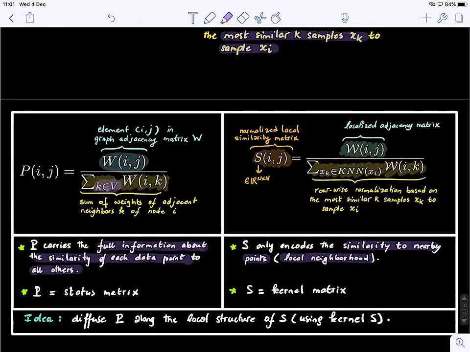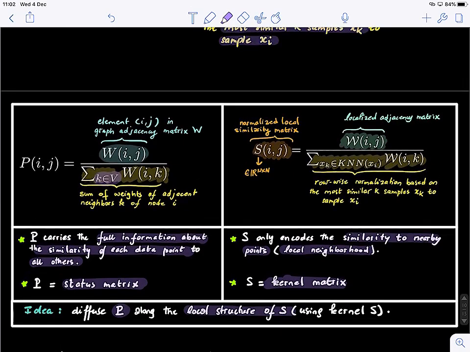P is called the status matrix or the global matrix, and S is called the kernel matrix or the local matrix. So this is how we define these entities: one is global, the other is local. The idea is to diffuse P along the local structure of S. This is what they do in their solution.